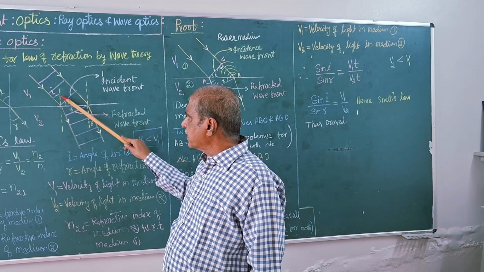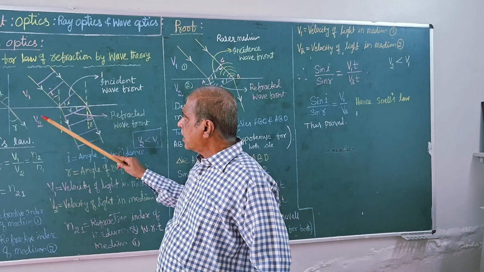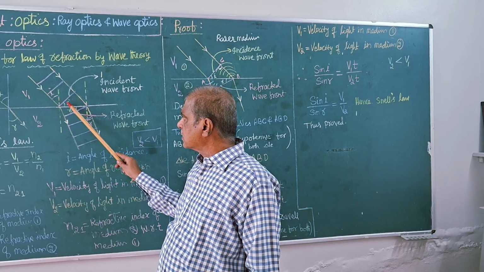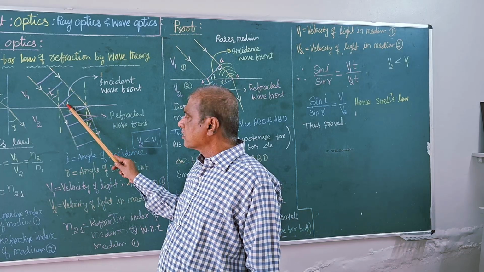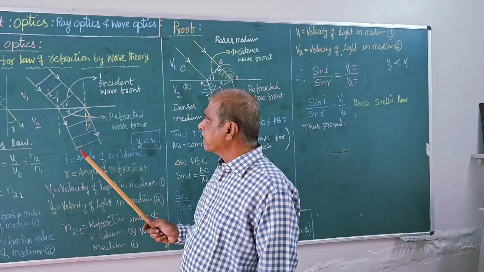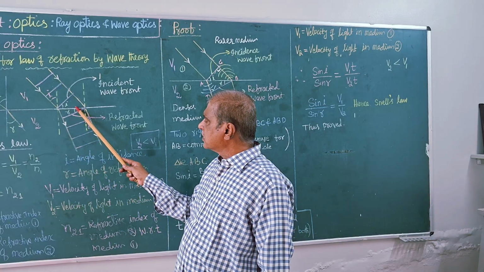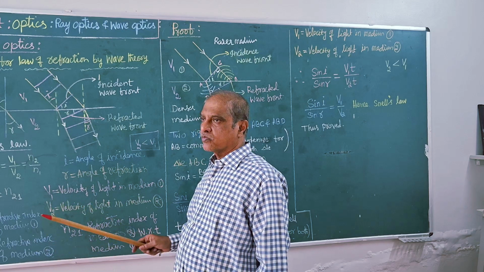If this is 90 degrees, this angle is 90 minus I. And here the angle between this line and this line is 90. If this is 90 minus I, this must be I. So like that, we can calculate I. Similarly, we can calculate the angle between this plane and this plane as R, using this geometry.